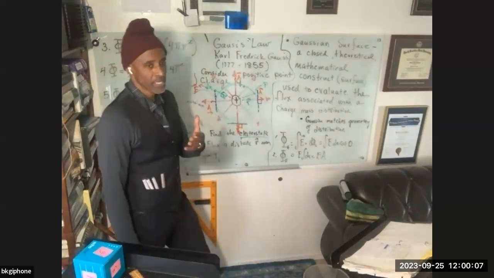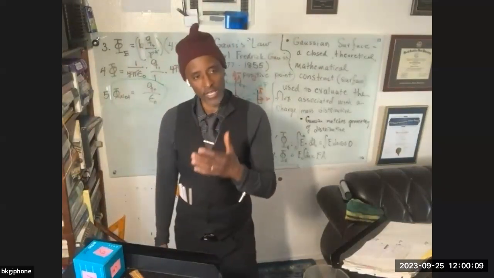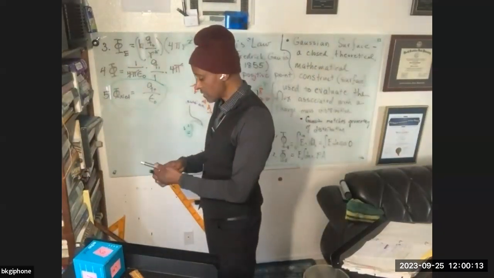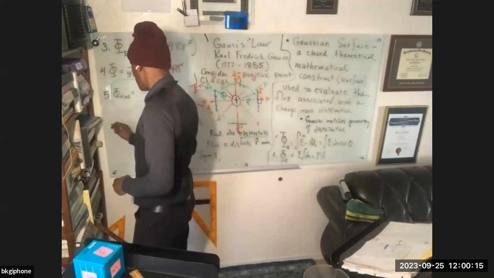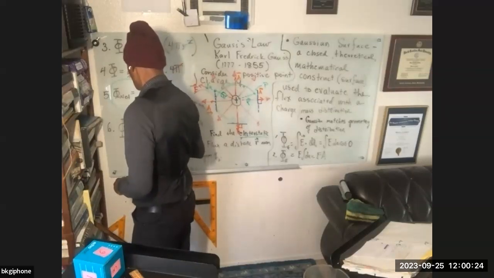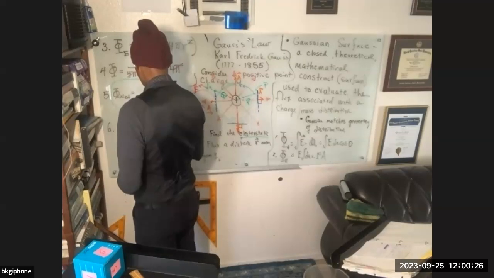So ultimately, Gauss's law becomes a very elegant and powerful equation because we can generalize to say that the net flux over a closed surface is equal to the summation of the charge that's inside.